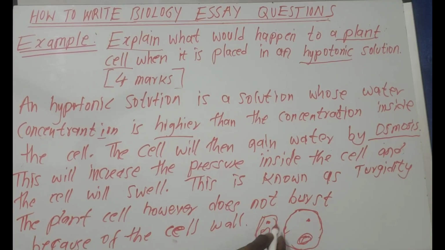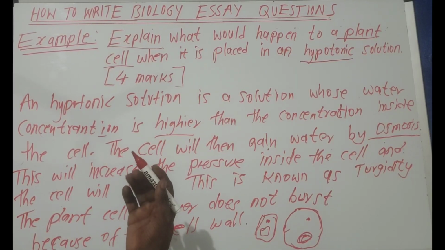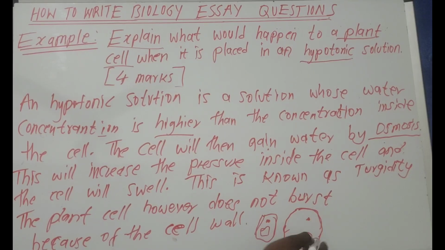So this is the difference. It is in a good shape before it is placed in this solution, but after being placed in a hypotonic solution, it expands but without bursting. So this is the what? This is the difference. Sometimes they might bring the diagrams like this, then they tell you which solution it was placed in.